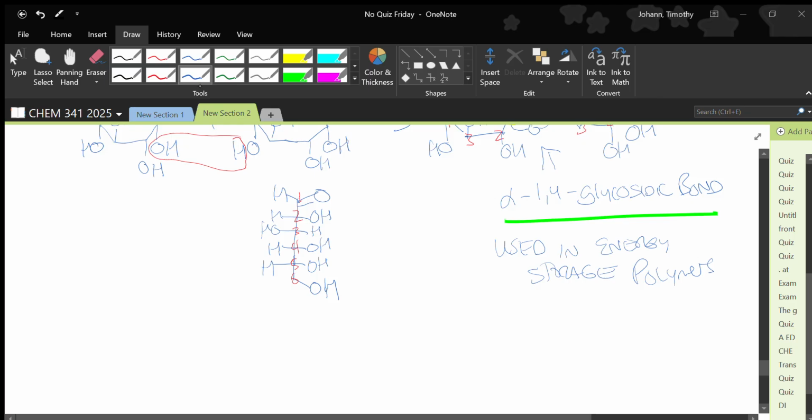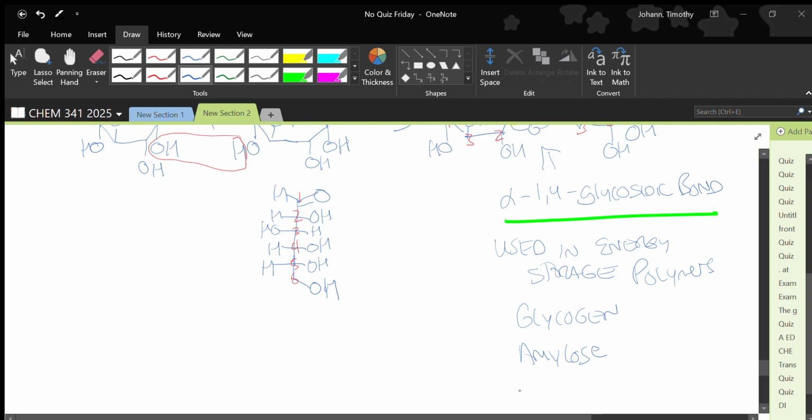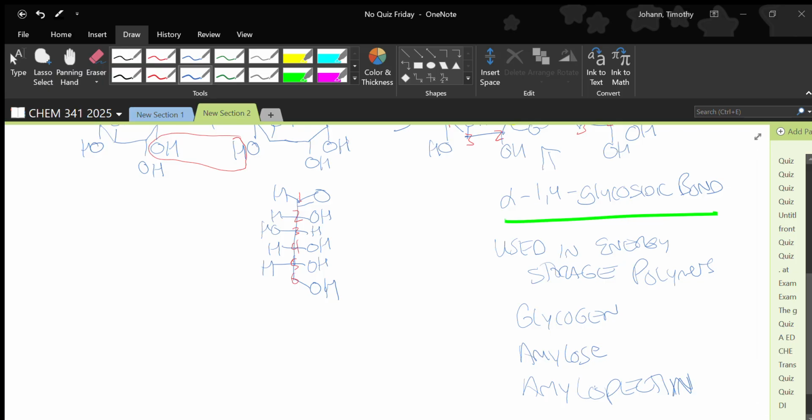What I'm talking about there is glycogen and amylose. Glycogen would be the animal storage polysaccharide. Amylose and amylopectin are plant storage polysaccharides. And this is the pectin you think about when you add it to a jam or something to thicken it up. This is the same pectin.